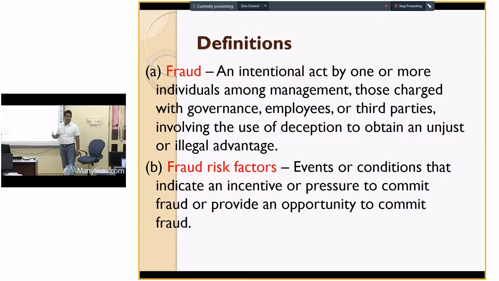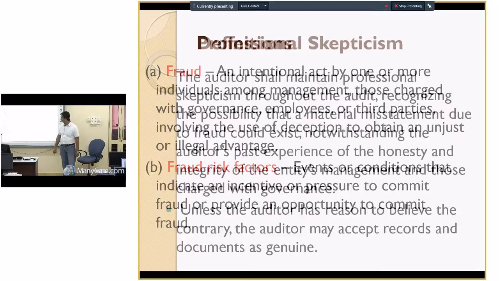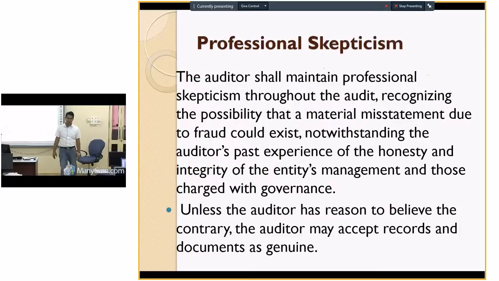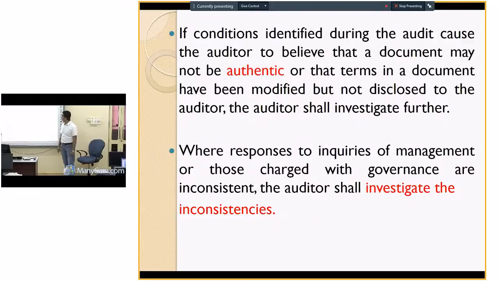It gives an opportunity to commit fraud. You should have professional skepticism to detect frauds. So, as we discussed, investigate the inconsistencies. As much as possible, try to get the original, authentic documents.